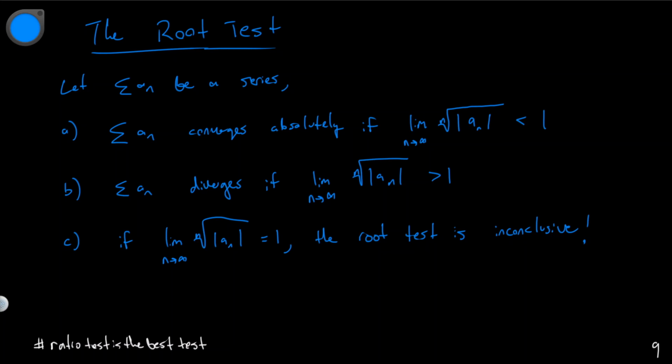All right, we are looking at the nth root of the absolute value of the sequence rather than the ratio of successive terms, as the ratio test has us look for. All right, here is my root test example.